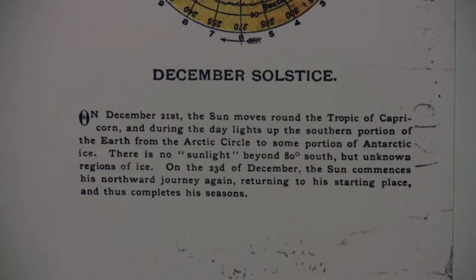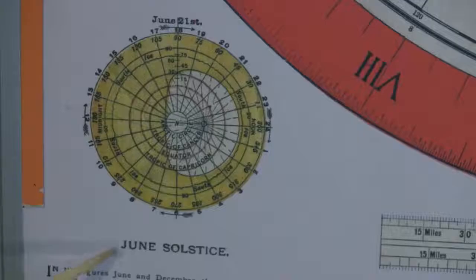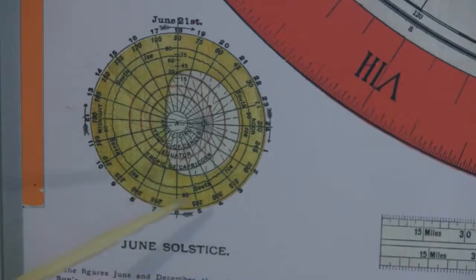On the 23rd of December, the sun commences his northwards journey again, returning to his starting place, and thus completes his season. June solstice.